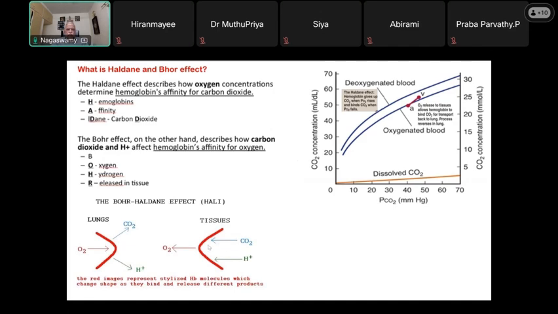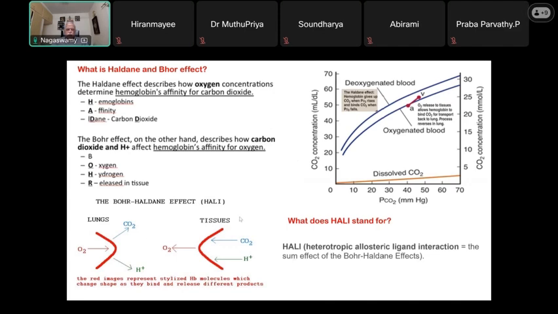Whereas in the tissues, the oxygen has to go to the tissues and carbon dioxide and the hydrogen have to enter the blood to go to the lungs. So these are the two effects called Bohr and Haldane effect, and they are combined together and called HALI, where heterotropic allosteric ligand interactions produce the sum effect of Bohr and Haldane effect.